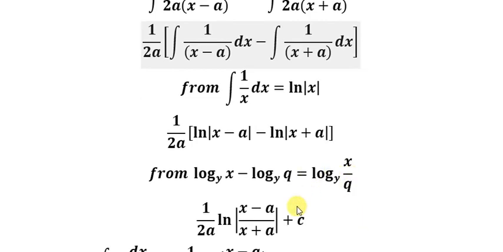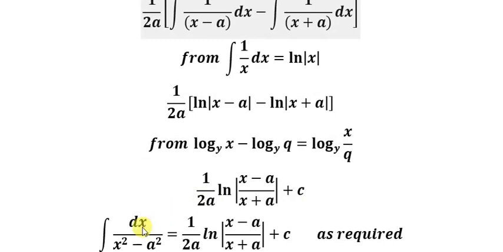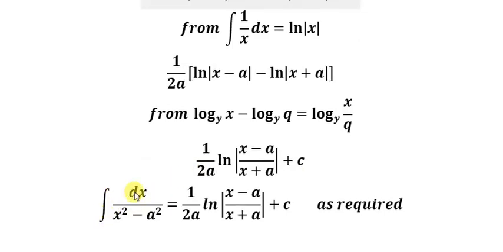Applying that, 1 over 2a is still at play. We can therefore write ln |x minus a over x plus a| plus c. That's a constant of integration. Because we are dealing with an indefinite integral, we can therefore say that the integral of 1 over x squared minus a squared dx is equal to 1 over 2a ln |x minus a over x plus a| plus c, as required.